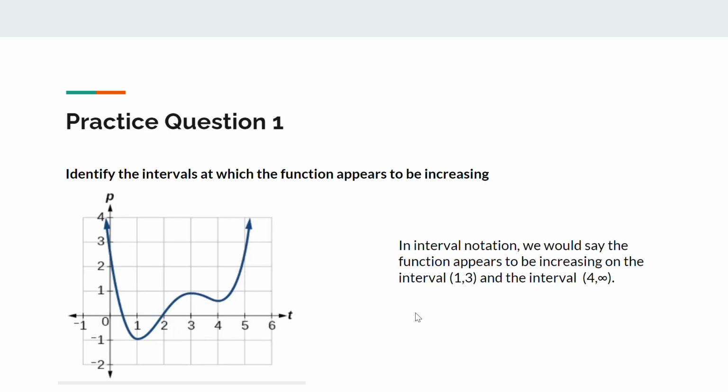In interval notation, the function appears to be increasing on the interval 1, 3, and also on 4 to infinity. Because it's an arrow, we don't know where it ends, so we just write infinity for this one.